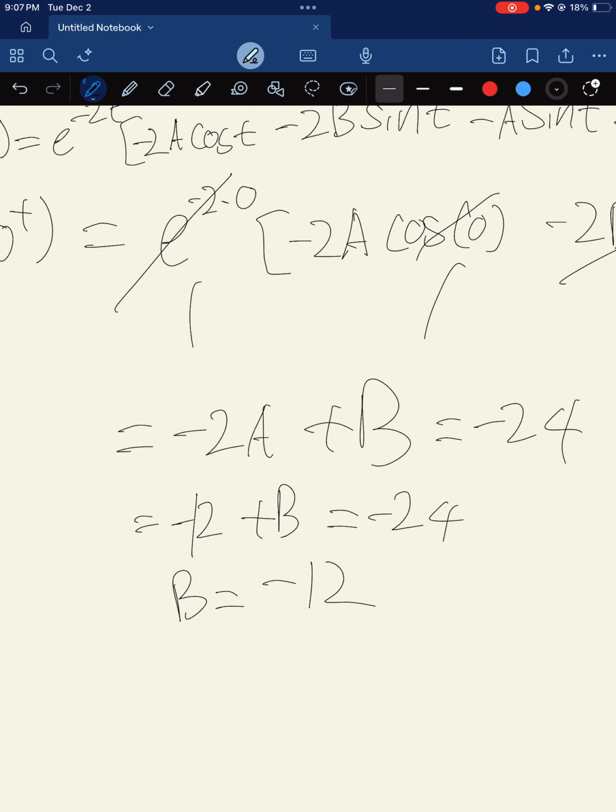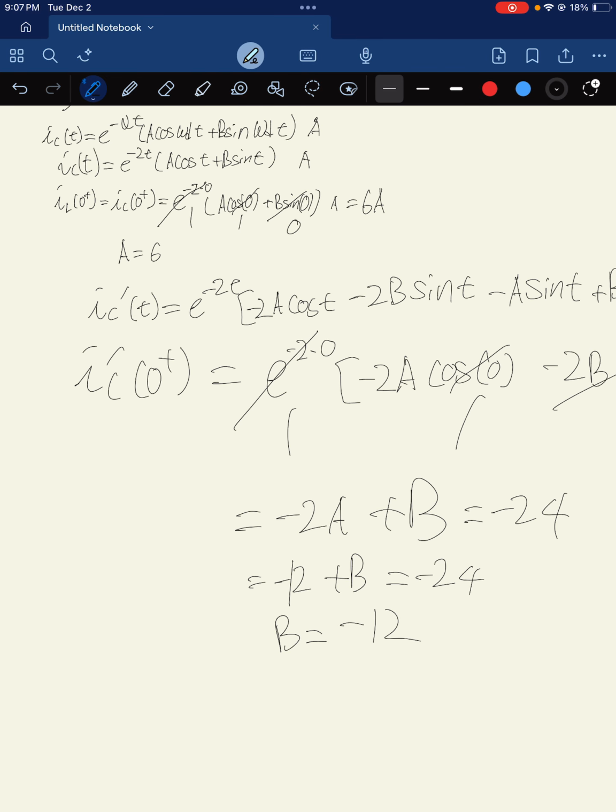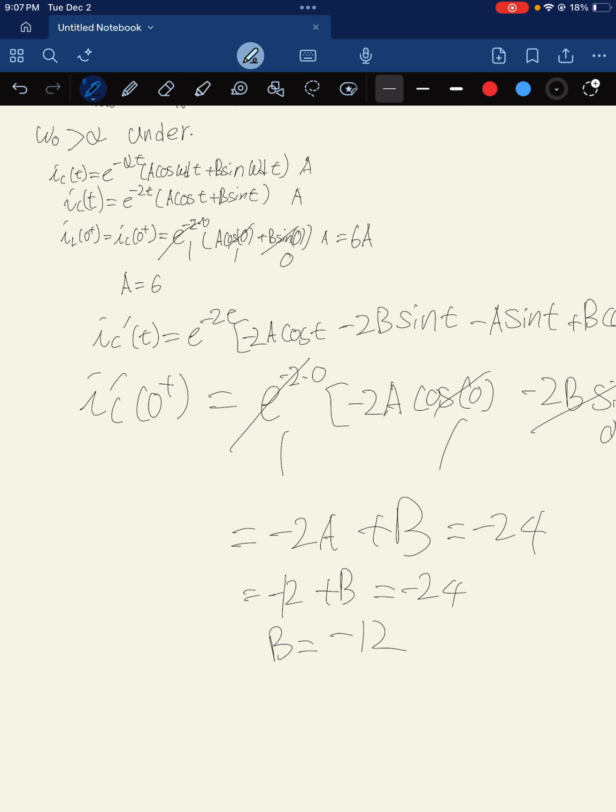I think that is the final variable we have to find. And now we just plug everything back in to the general formula.